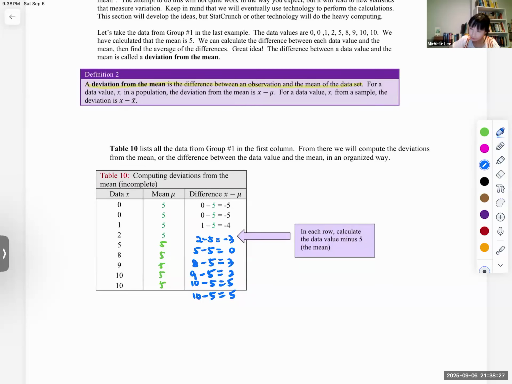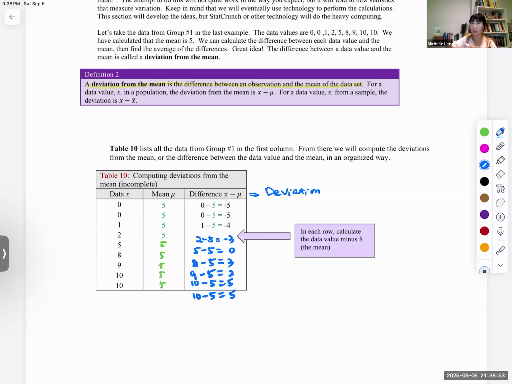Okay, so that difference is the deviation, right? Since we talked earlier about the average distance between the mean and the data set, how do you find the average? We add everything up and divide by the number of observations.